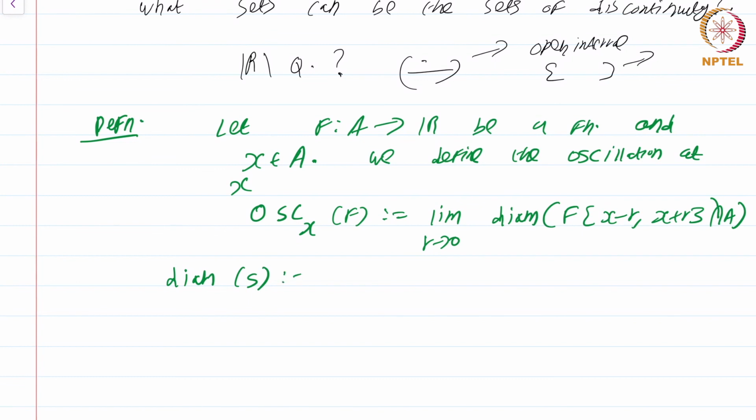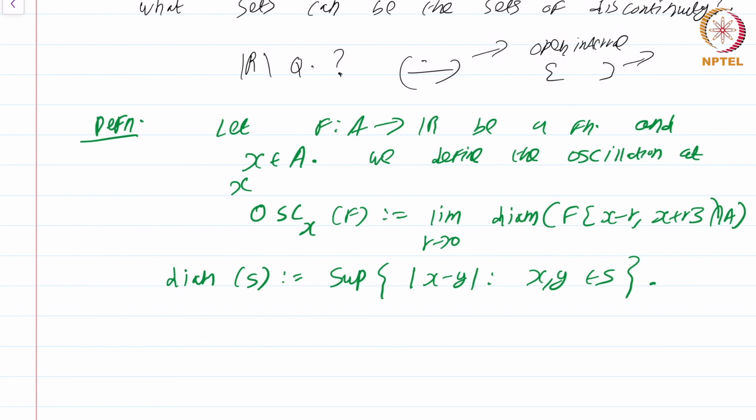The diameter of the set S is defined to be the supremum of modulus of x minus y such that x, y come from S. If you think about this, the diameter of a circle in R2, though we have just defined it for R, you can think of similar definitions for R2, will just turn out to be the usual length of the diameter. If you take any set S, you look at various points x, y coming from S, look at the distances, look at the maximum possible distance, that is called the diameter.